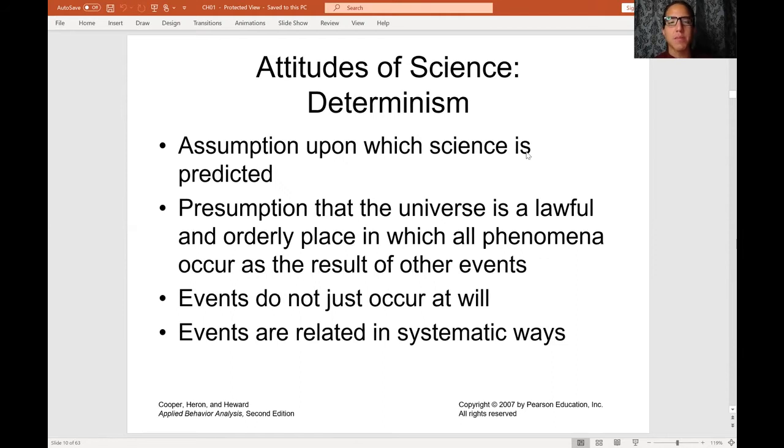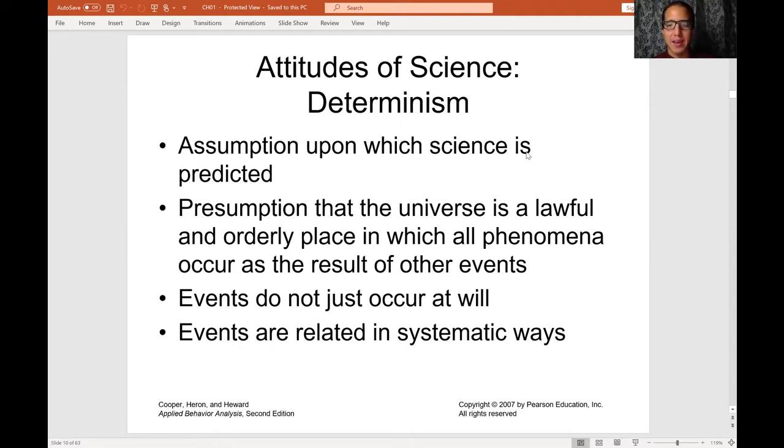So determinism is an assumption upon which science is predicated, right? The presumption that the universe is a lawful and orderly place in which all phenomena occur as a result of other events. So there's always a cause and effect. Events do not just occur at will. We don't live in a vacuum.